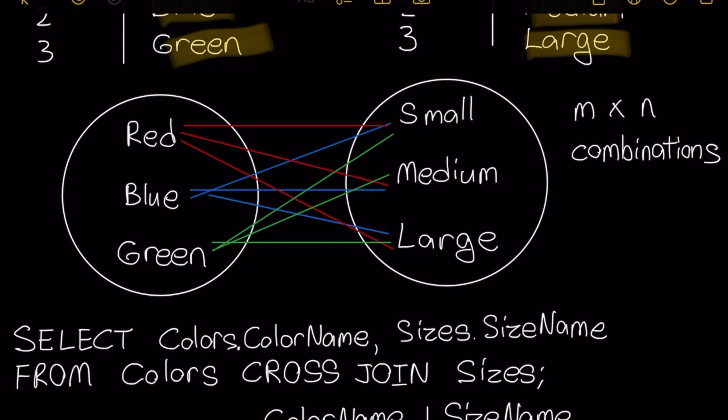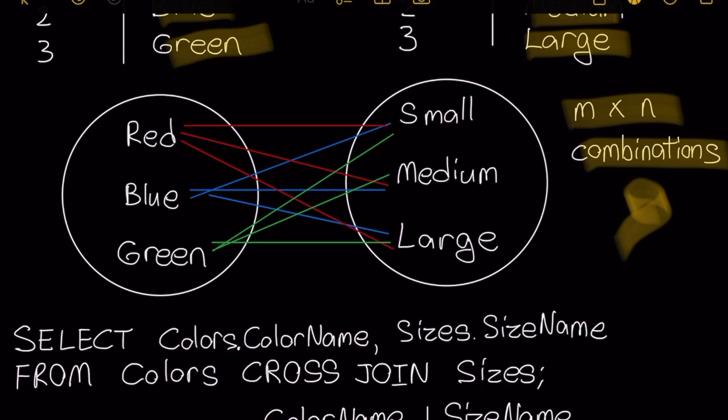As you can see, even with two tables that only have 3 rows, we can have a lot of combinations. So we have 3 arrows coming out of red, 3 from blue, and 3 from green, which gives us a total of 9 combinations. M times N combinations.